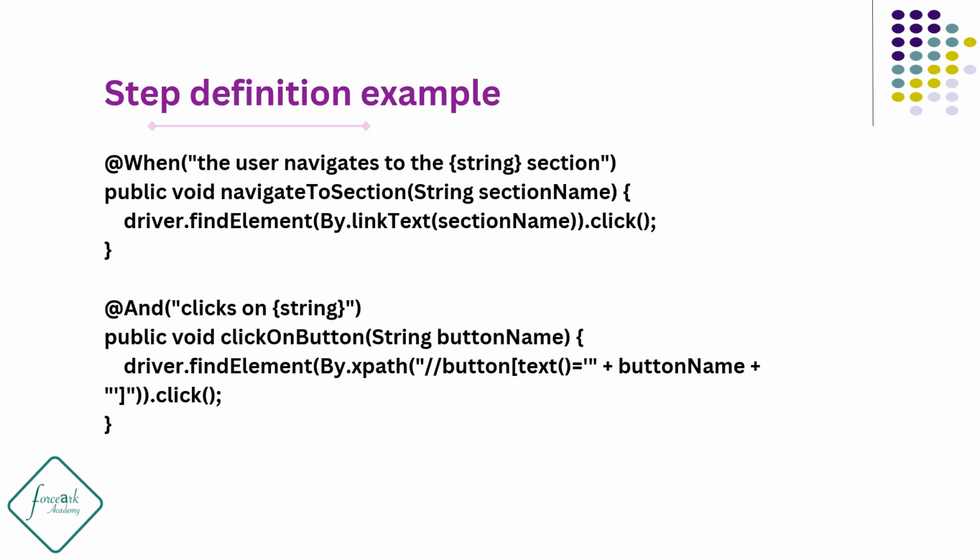So this method corresponds to the Gherkin step, when the user navigates to the code section. It uses Selenium's find element method with By.linkText, which is the section name, the locator, which looks like a hyperlink anchor tag that matches the exact text like codes, accounts, or orders.